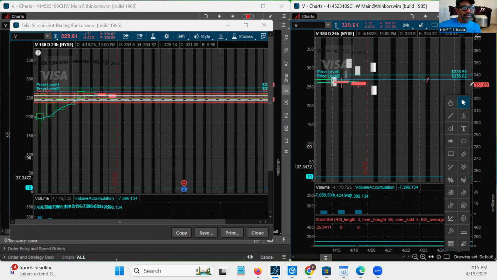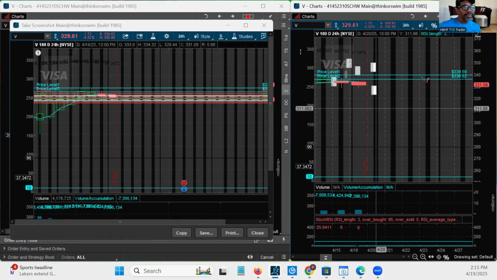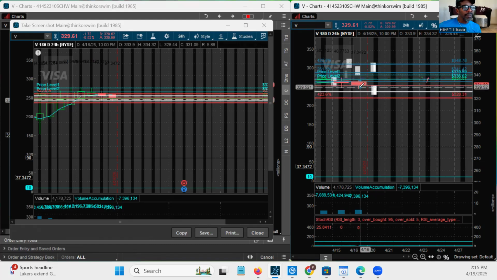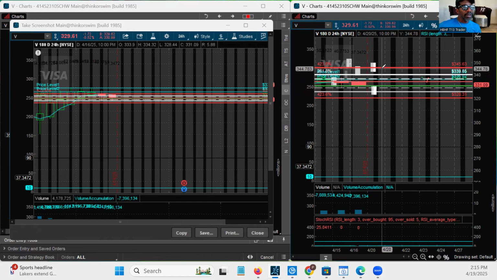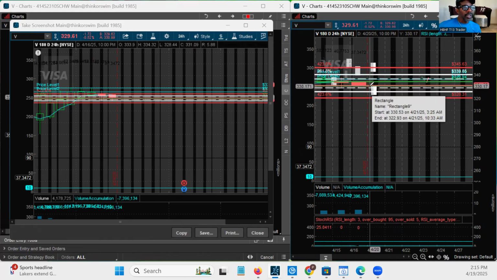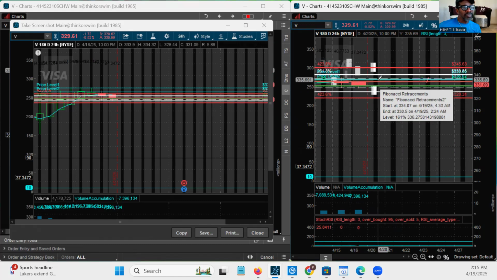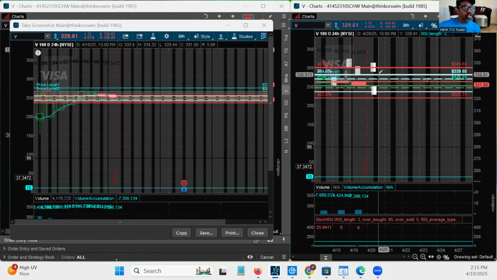Now, I use my Fibonacci scale, and I draw it here because if it doesn't hold the 161 and hold this support here, Visa is going to go up to at least 335, 340.